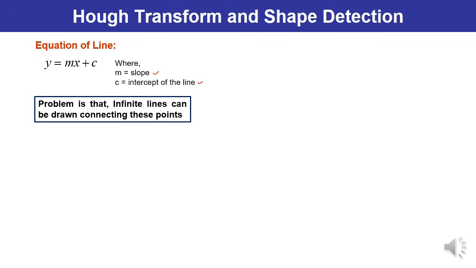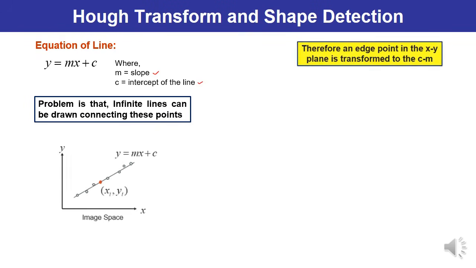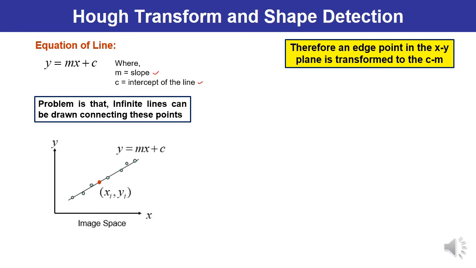This is actually the problem over here. It means there is a requirement of a solution. An edge point which you are visualizing in the xy plane needs to be transformed into the cm plane. The cm plane is what? The intercept-slope plane.